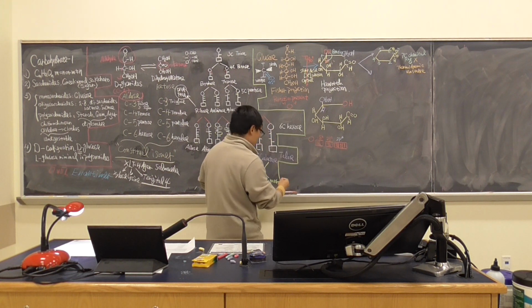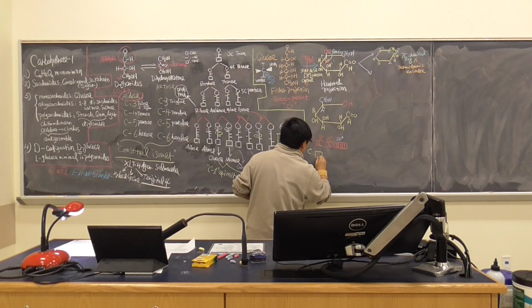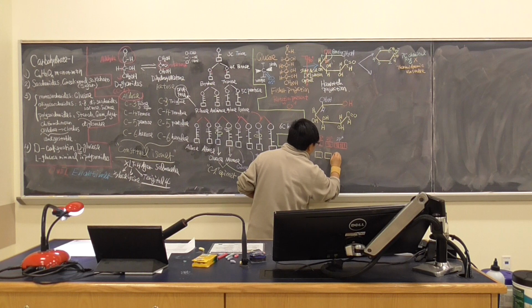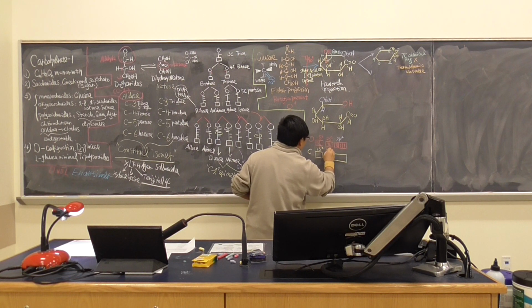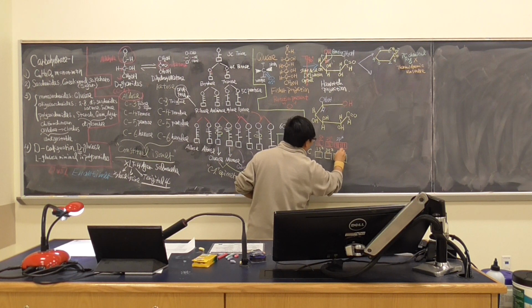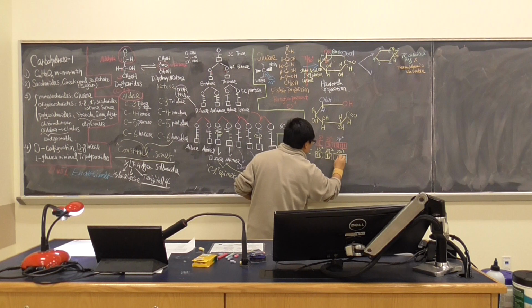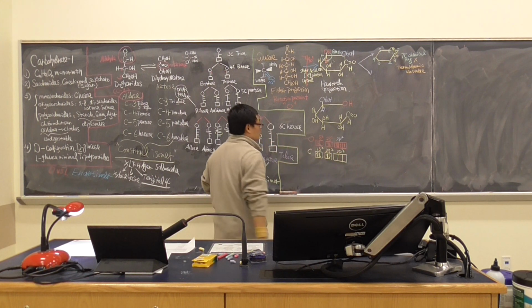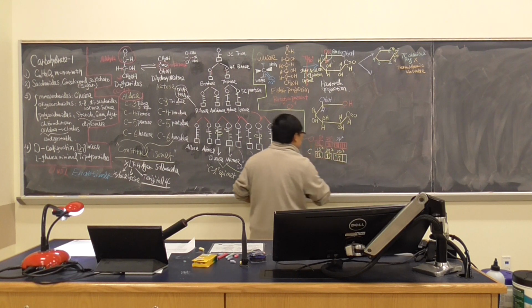How about the carbon? What does carbon look like? Let's just draw this. 1s2, 2s2, 2p2. So up, down, following Hund's rule and the Pauli exclusion principle, which we mention all the time. This is up, this is up.